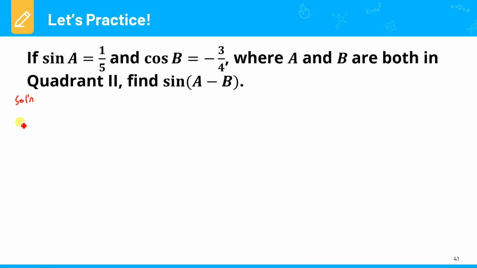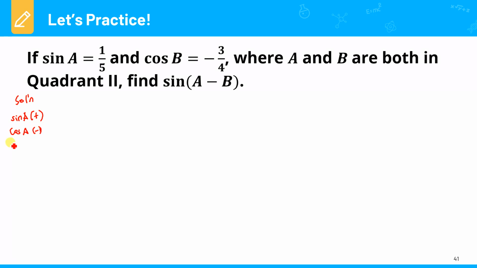So for our solution, since it is in quadrant 2, sine A is positive, cosine A is negative.